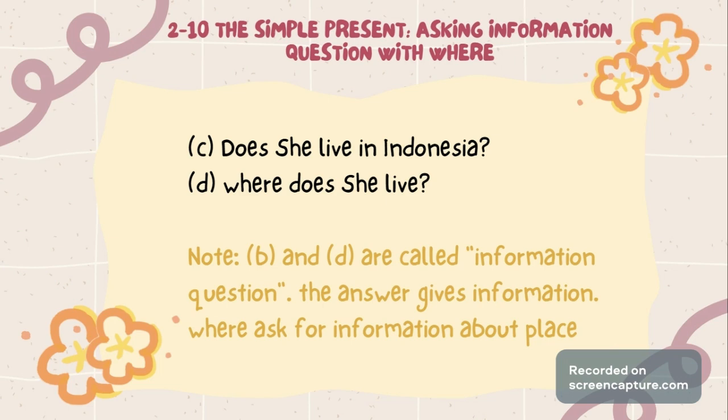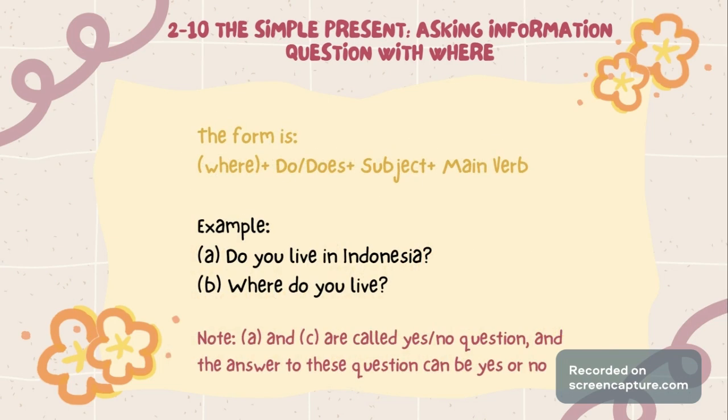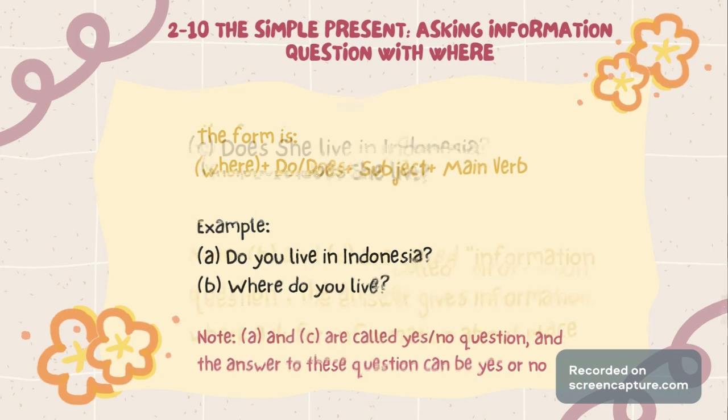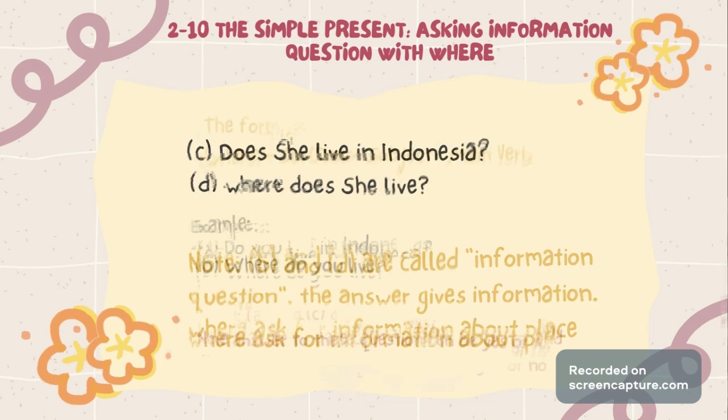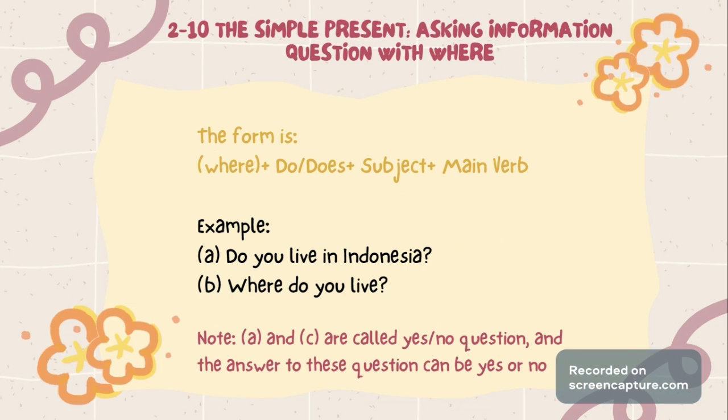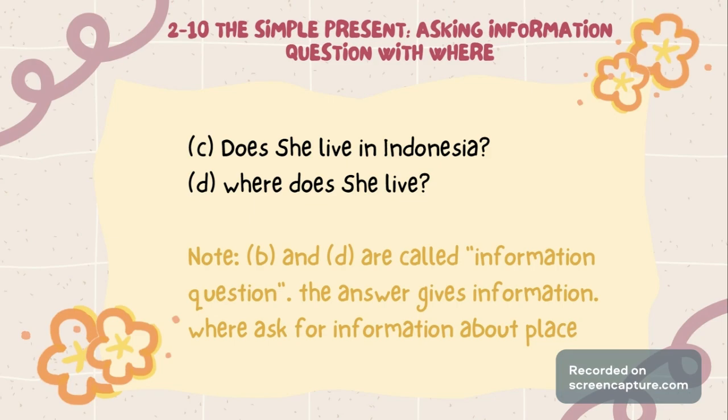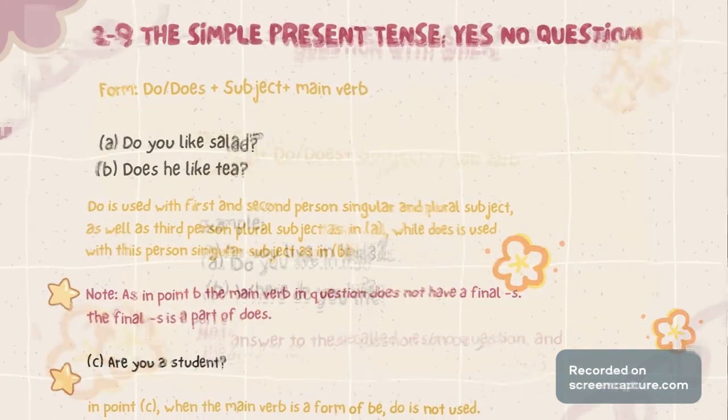Where does she live? So A and C are called yes or no questions, and the answer could be yes or no because the question uses do or does.